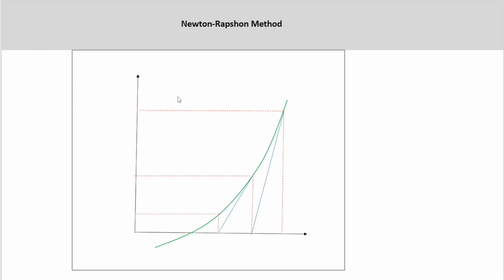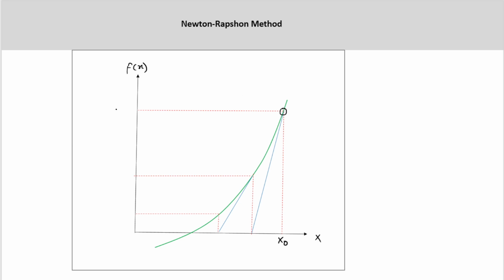We will make an initial guess x naught, and from here we will pick the value of the function. So this is the f of x, this is x, and this is our initial guess x naught.